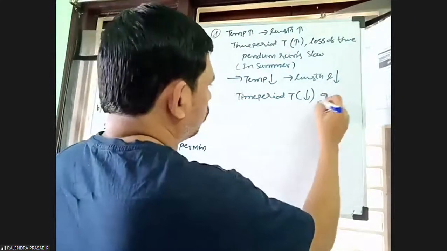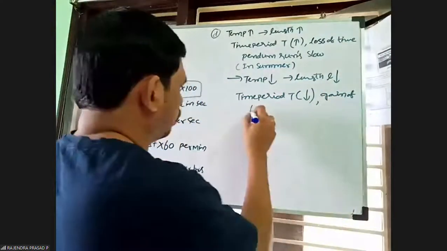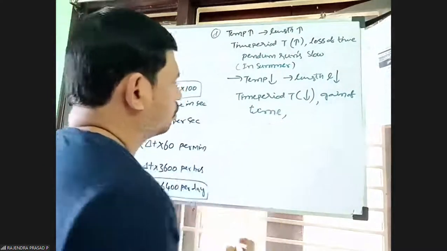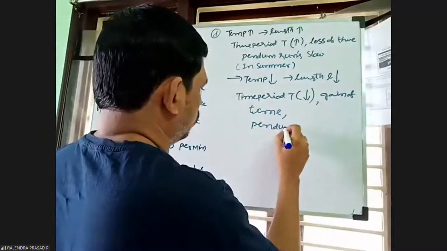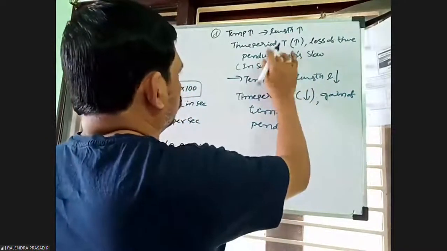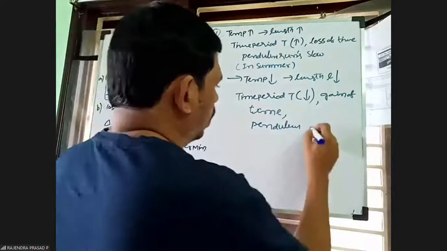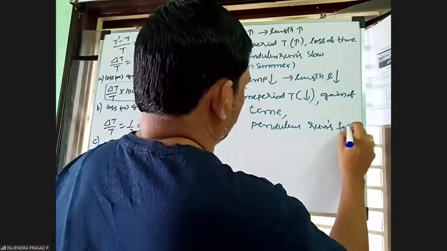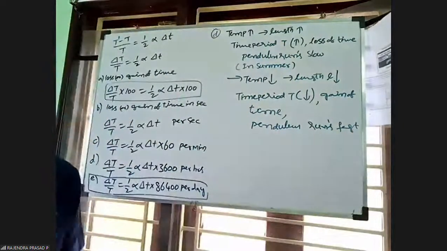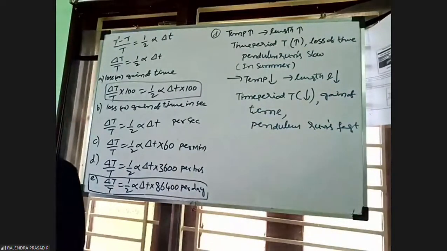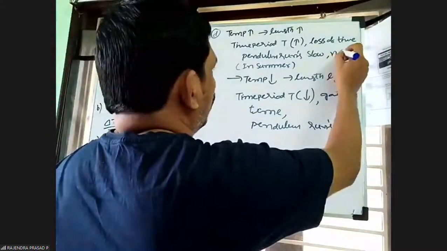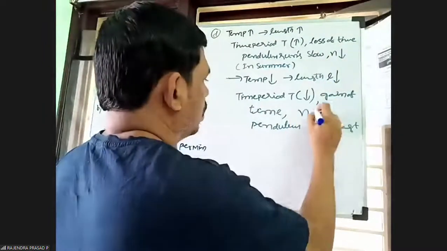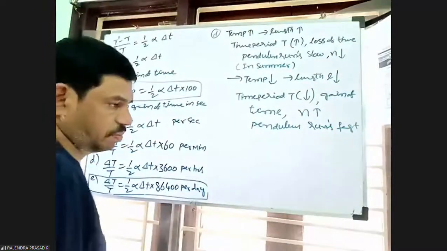Gain of time, so the pendulum runs fast. In this case, frequency increases. N is the frequency.